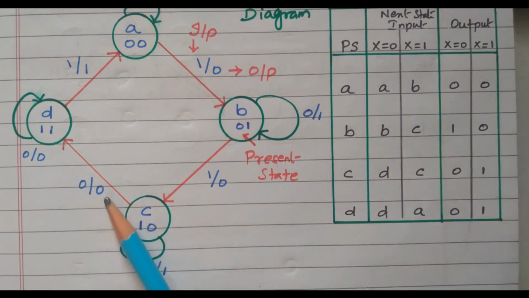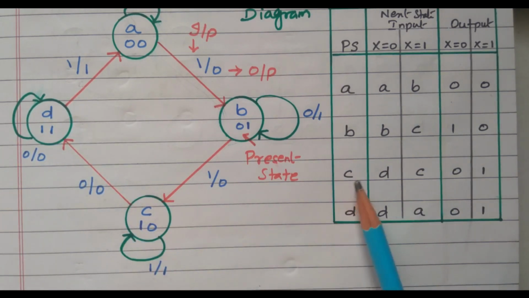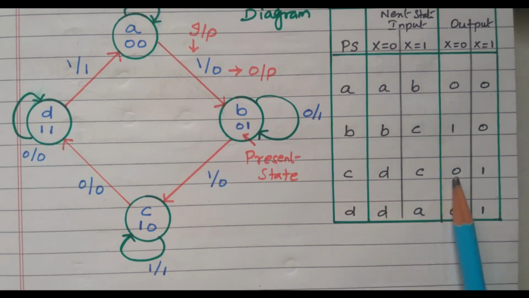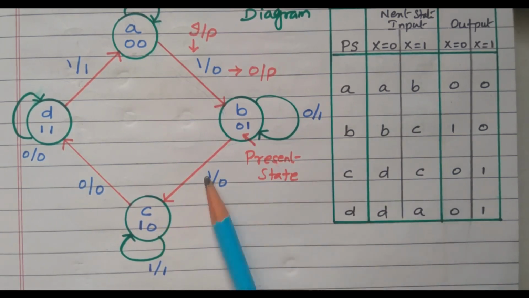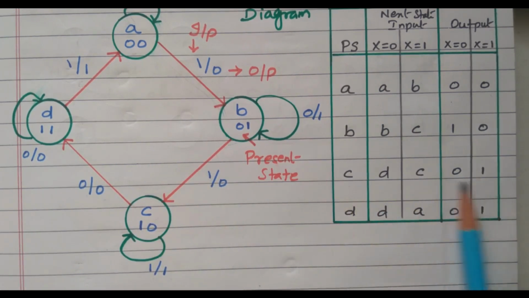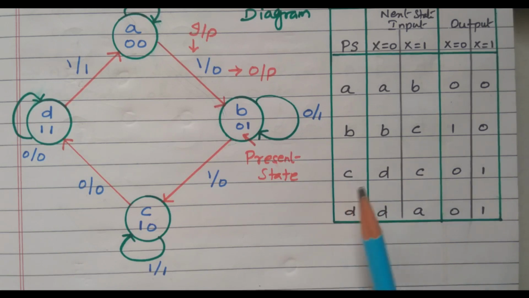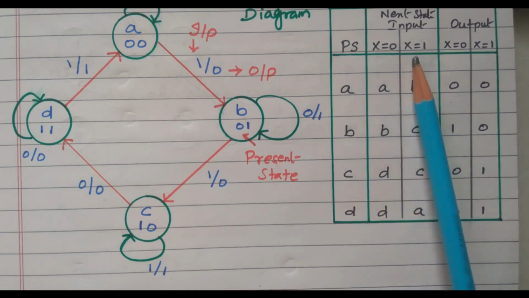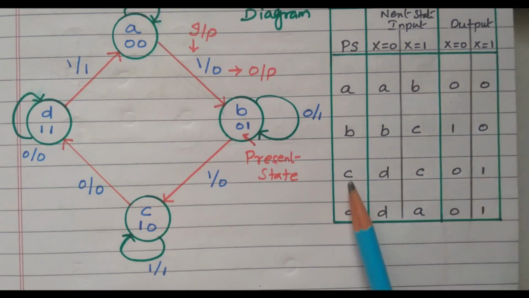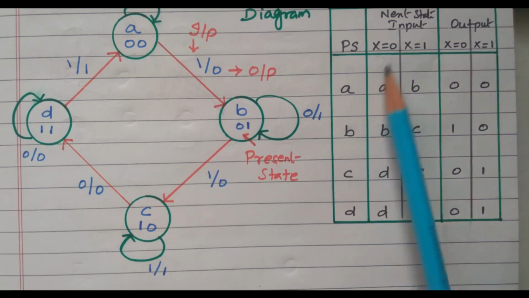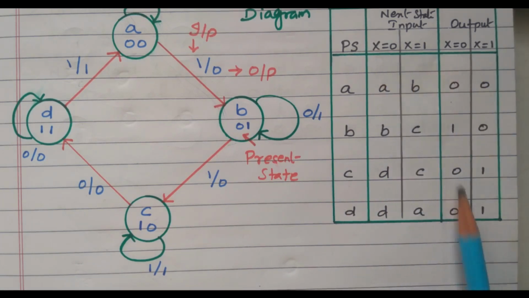When x equal to 0, C goes to D, the output is 0, right. So, this is a state diagram that is represented in pictorial form, and that given in the tabular form is a state table, right. C goes to C itself when x equal to 1, the output is 1. C goes to D when x equal to 0, the output is 0.